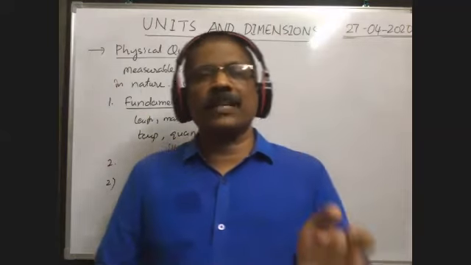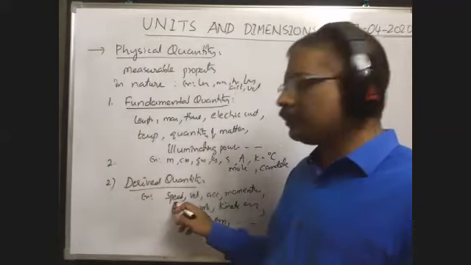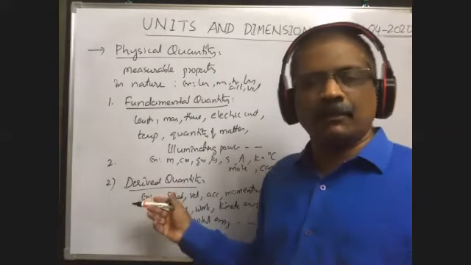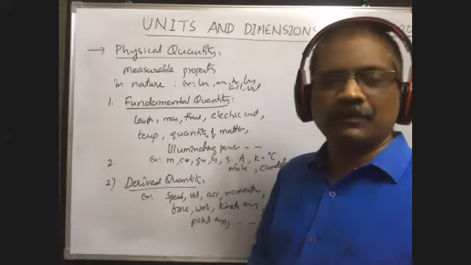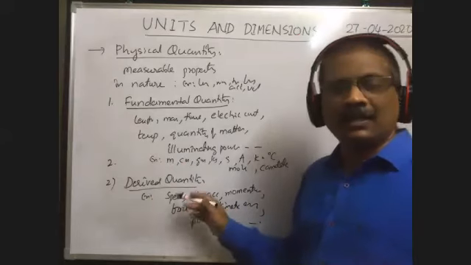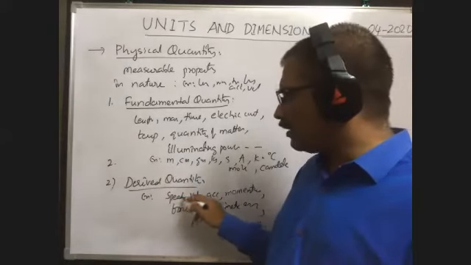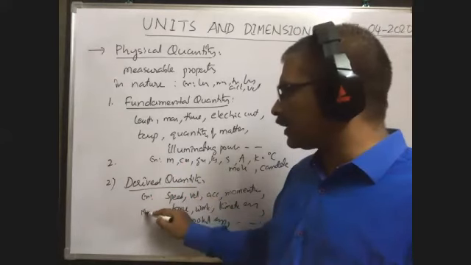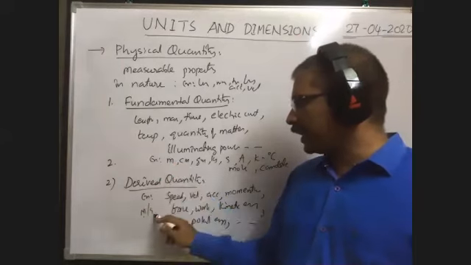The units of derived quantities are called derived units. What is the unit of speed or velocity in the SI system? Meter per second. So meter per second is the derived unit. Similarly, work means joule, force means Newton. All these are derived units because speed or velocity has the unit meter per second, where meter is a fundamental unit and second is a fundamental unit.